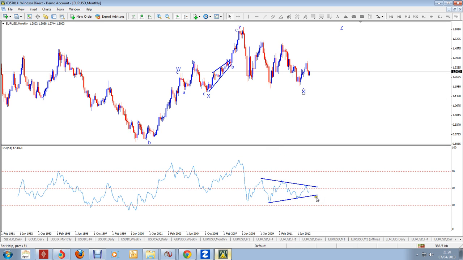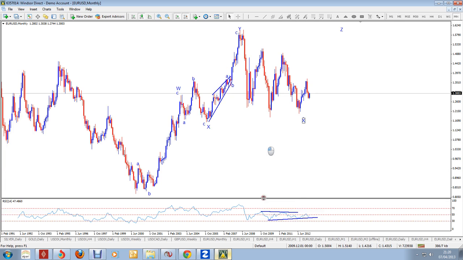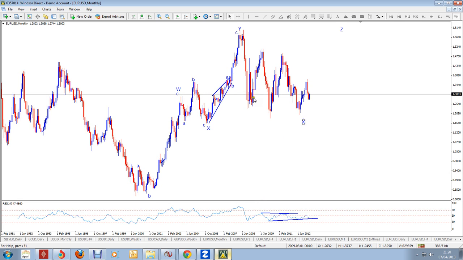So in order to confirm that triangle on the RSI, in fact, although at the moment it's looking like that, I suspect that it is more like this, okay. The reason why is because we've got a potential triangle going here, and it's a funny kind of triangle in the sense that everybody's drawing it differently.